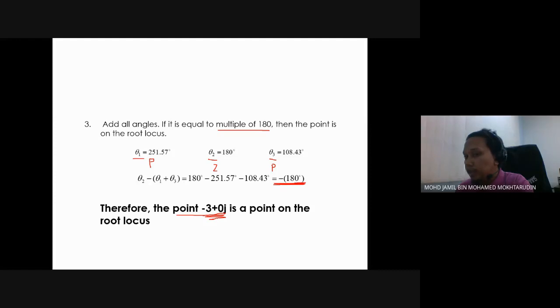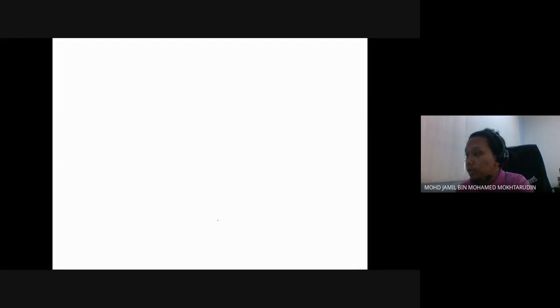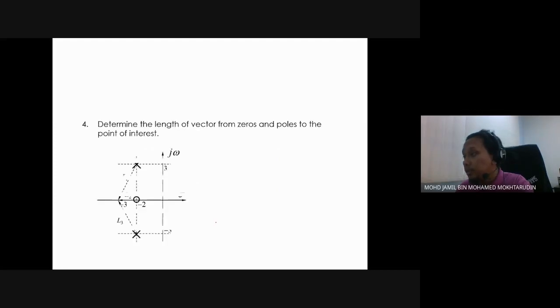Okay, then we need to determine the value of k at this point. So to determine the gain k, firstly, you need to determine the length of the vector that connects all the poles and zeros to the point of interest.